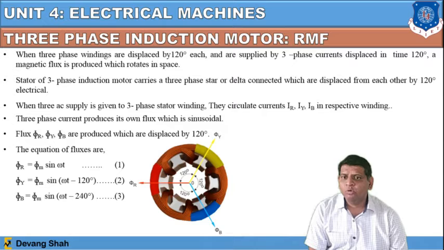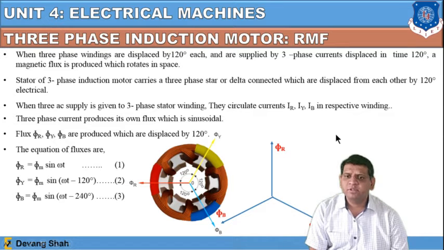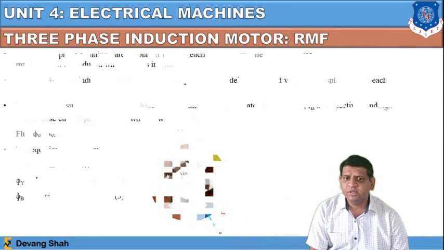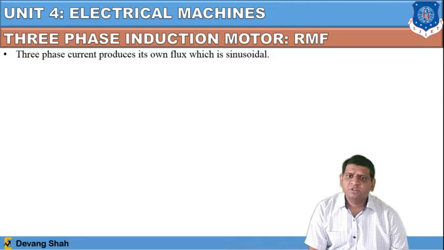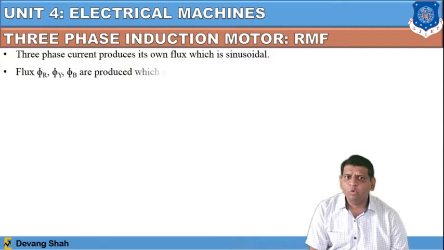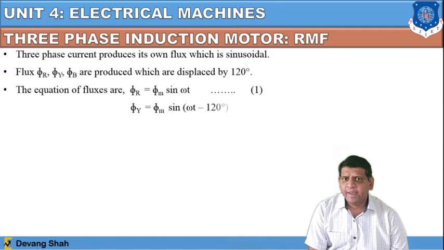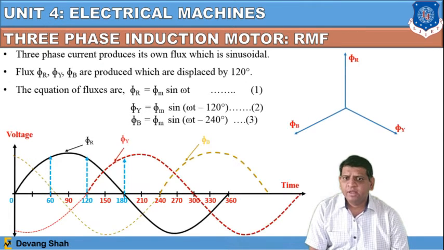So all these three fluxes are 120 degrees apart from each other. If you draw the phasor diagram, you can see all three fluxes are 120 degrees apart, where each phase current produces its own sinusoidal flux.